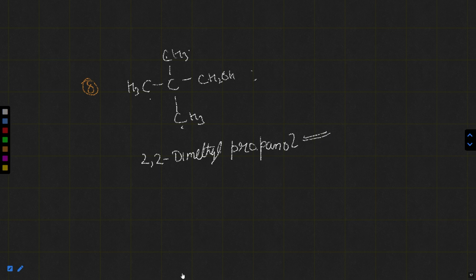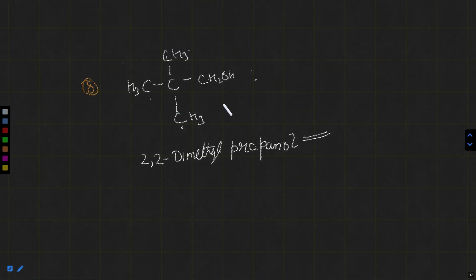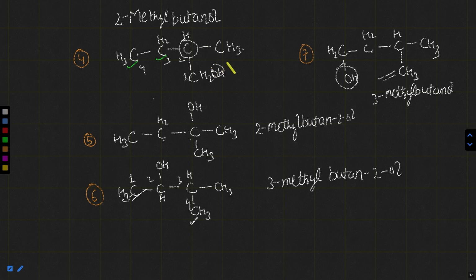So these are the 8 structures and their IUPAC names. Now if I classify them as primary, secondary and tertiary, suppose I'm writing it with this pen. So this one is how much? This is 1 degree. This is 1 degree. Okay, this is 1 degree. What about this?